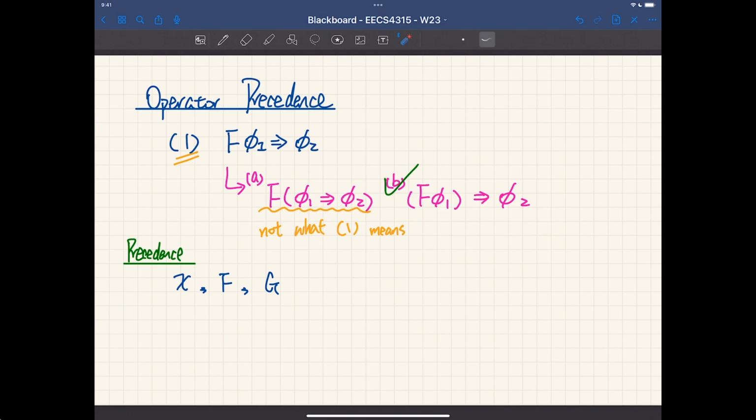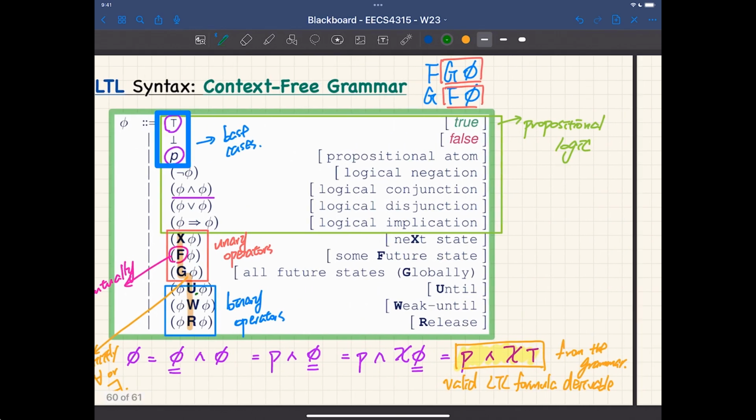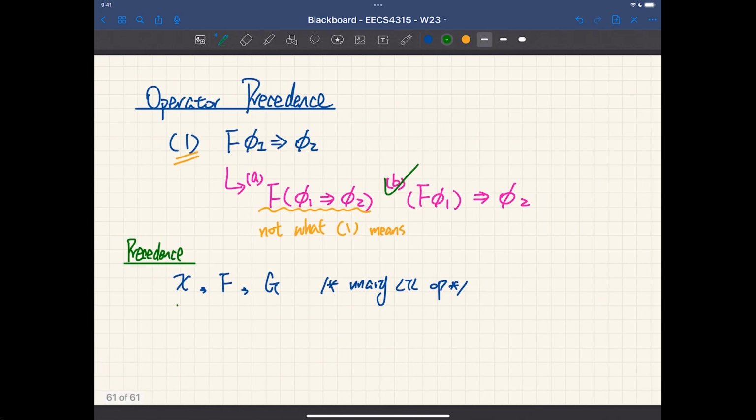So this is the unary LTL operators. The next one will be binary: U, W, and R. So these are the binary LTL operators.